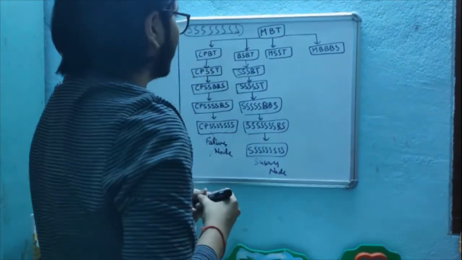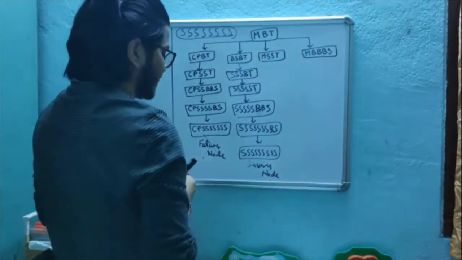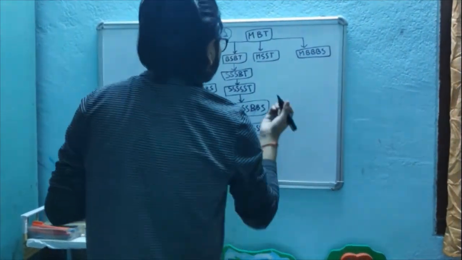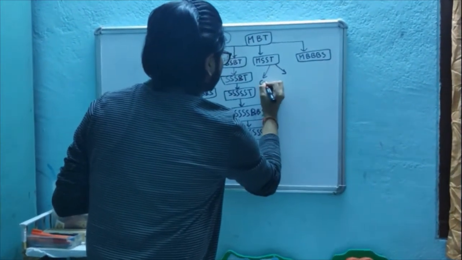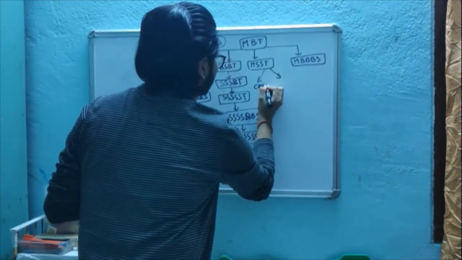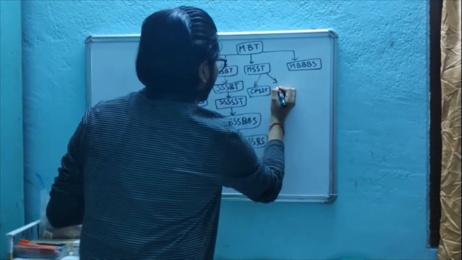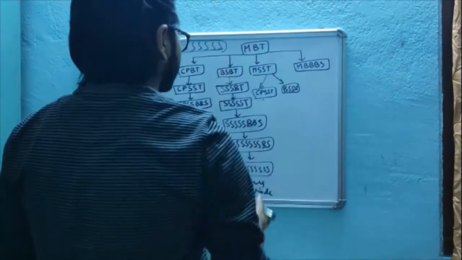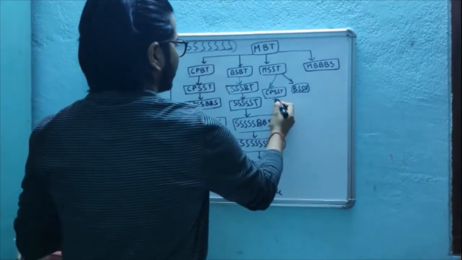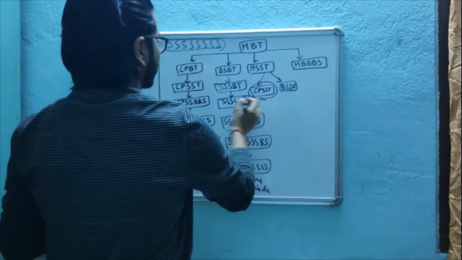Now taking MSST, we can exchange M with CP and BS. So there are 2 nodes, CP and BS. Now we can see this node can be ignored because this is the same as this.